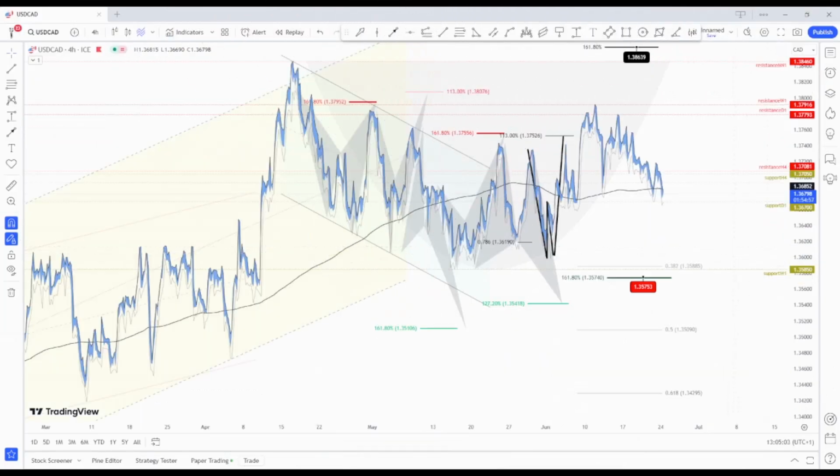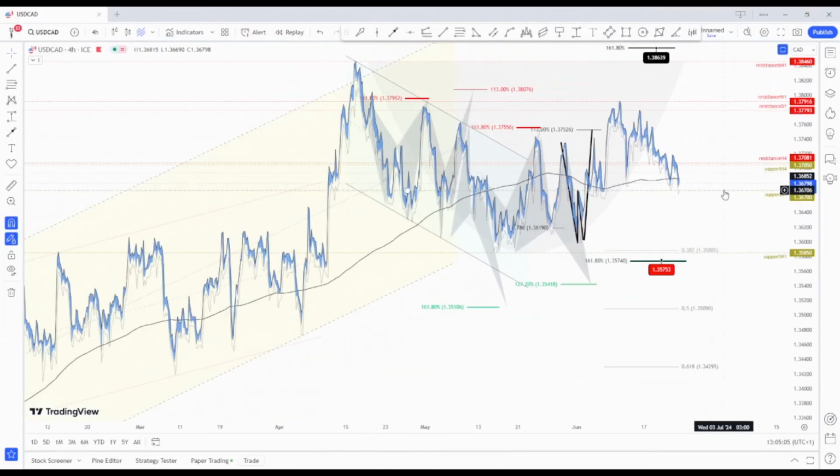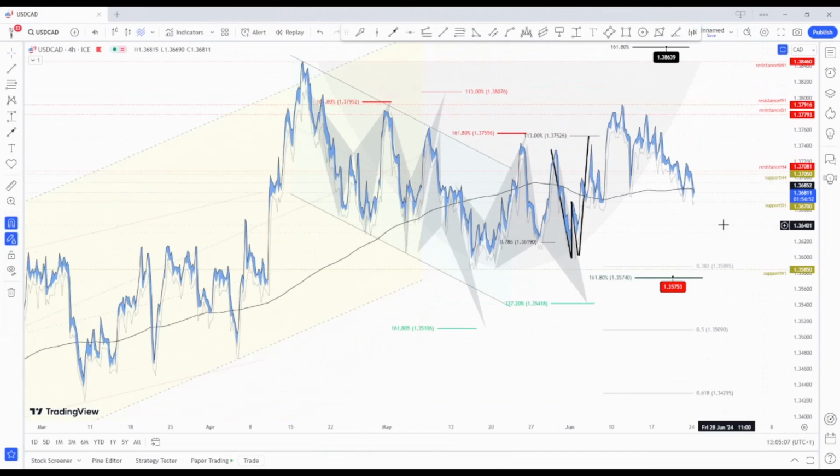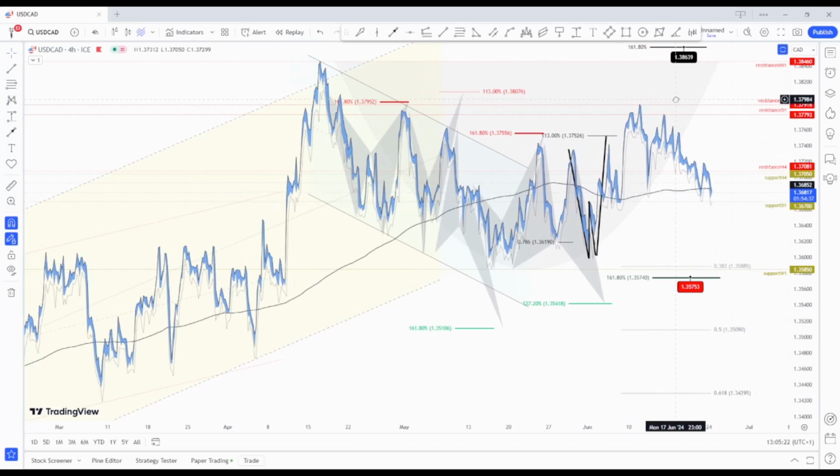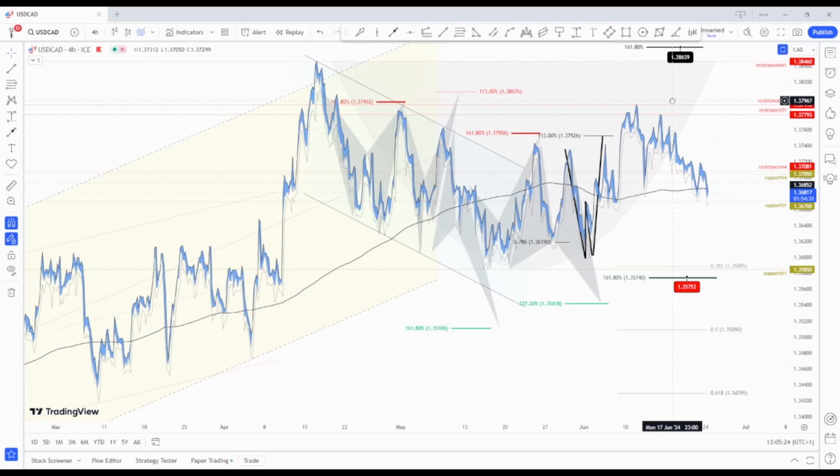The dollar versus the Canadian. We are now threatening the daily fractal support level, which was established at 36.70 after failing to break the previous highs at 38.46, or after failing a retest, not breaking, but after failing a retest of these previous highs.